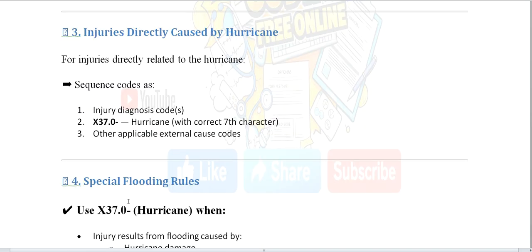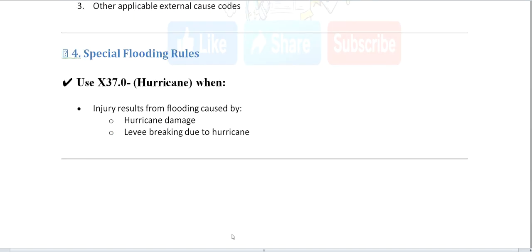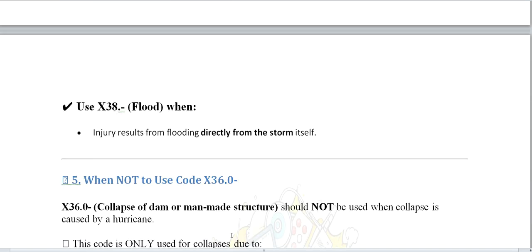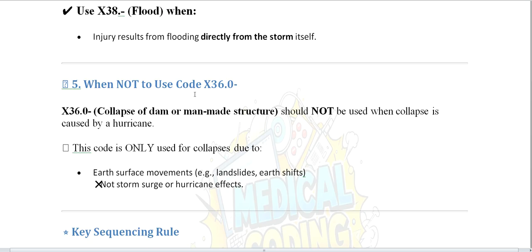cause codes. Special flooding rules: use X37.0 hurricane when injury results from flooding caused by hurricane damage, such as a levee breaking due to the hurricane. Use X38 flood when the injury results from flooding directly from the storm itself. When not to use X36.0: X36.0, collapse of a dam or man-made structure, should not be used when the collapse is caused by the hurricane.